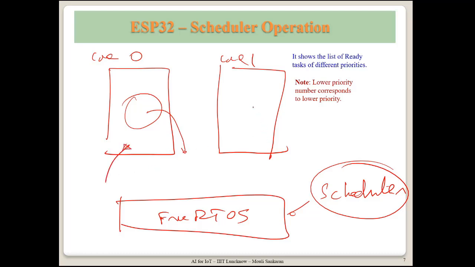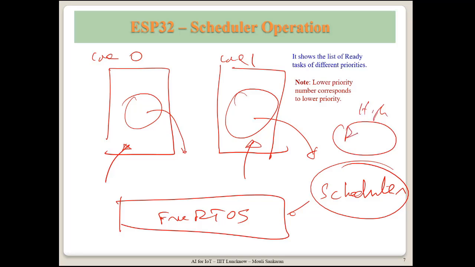Similarly, one of the tasks running here has completed its execution or it is blocked, and I need to bring another task in. Or an interrupt has come and some higher priority task has become ready now. So I need to bring that into one of the cores, because what is running currently may be a lower priority task than the one which has become ready now. So there are many occasions where the scheduler will get activated.